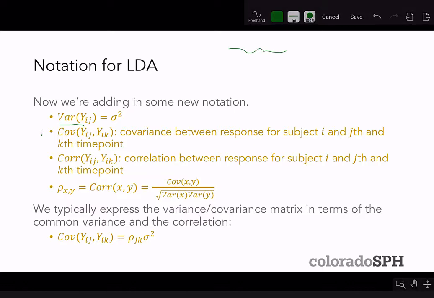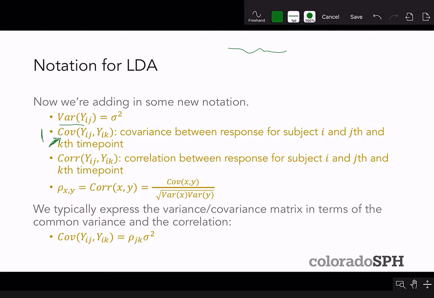Then we also have to deal with the covariance between values in the same subject. So if you have subject i here, you have covariance between time point j and time point k for subject i. We're going to use this notation for that covariance.